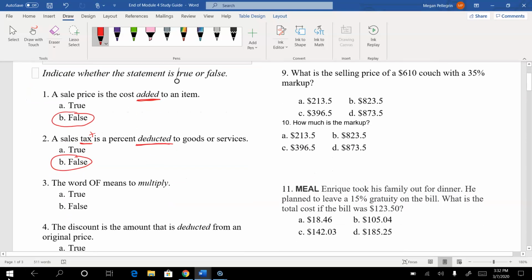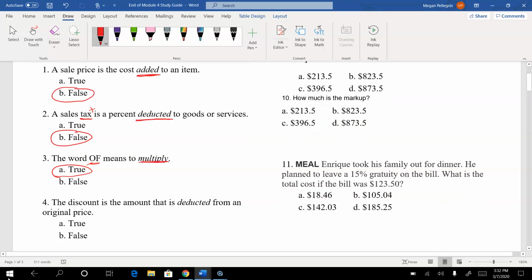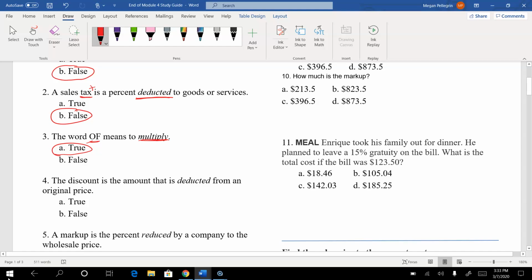Number 3, the word of means to multiply. True. So multiply. Number 4, the discount is the amount that is deducted from an original price. So discount deducted from an original price, so discount is taken off, subtracted, so that is true.